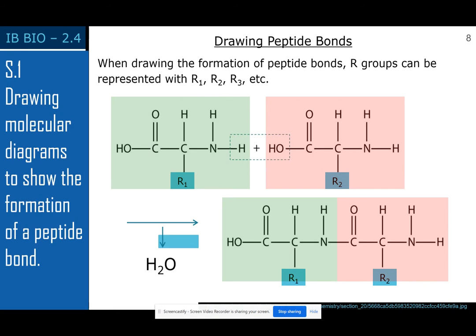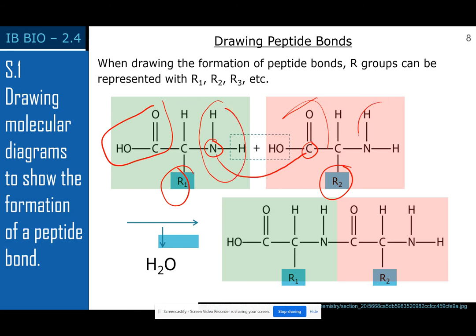So when you're drawing peptide bonds, it's important to remember that that water molecule is going to fall out and that bond is going to happen between that nitrogen and that carbon. And if you need to label the parts and pieces, you can, by all means. Here's our carboxyl group. Here's the carboxyl group on this side, right? Here's our R groups, and here's our amine groups.